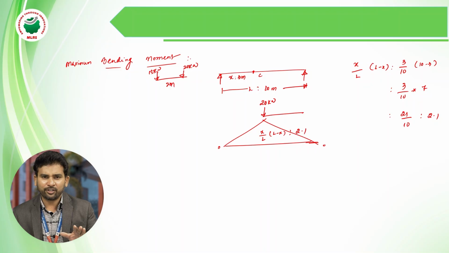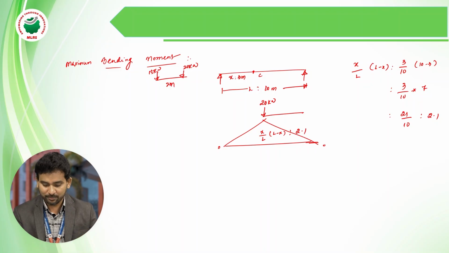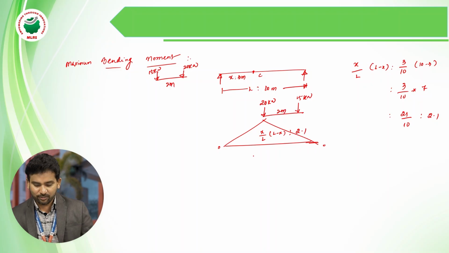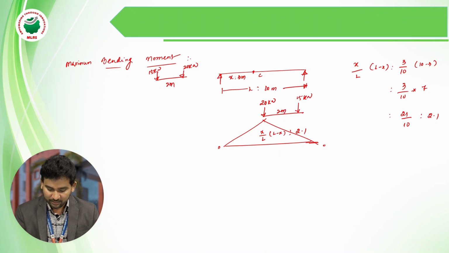Next, we have a doubt whether the 15 kilonewton should be kept on the left side or the right side. Either way, the final value is the same, because the right side ordinate and left side ordinate are the same. So for the 15 kilonewton, it's your wish, you can keep it on either side. Under this ordinate, it is at a distance of x equals 3 meters. This is 7 meters.